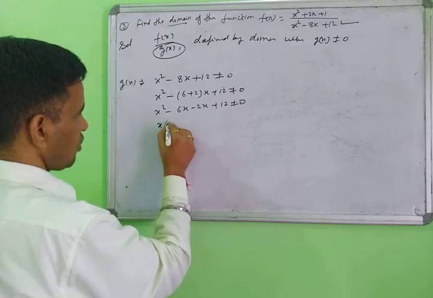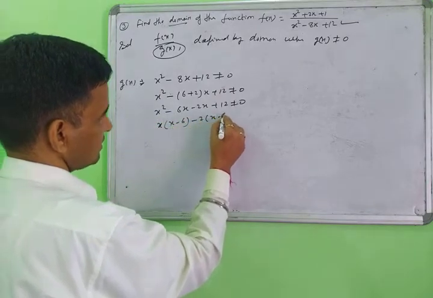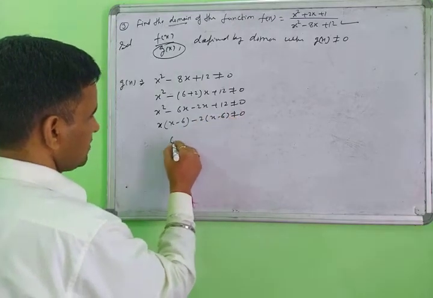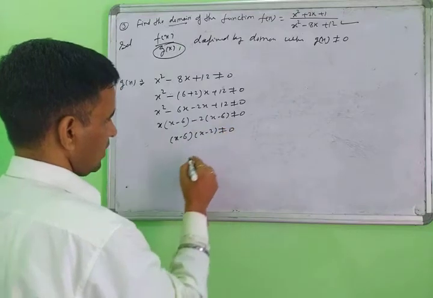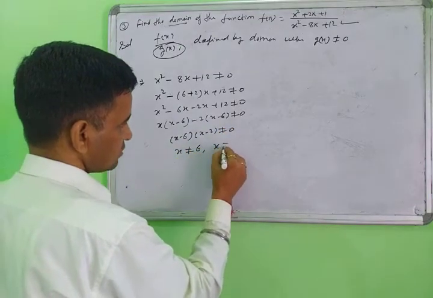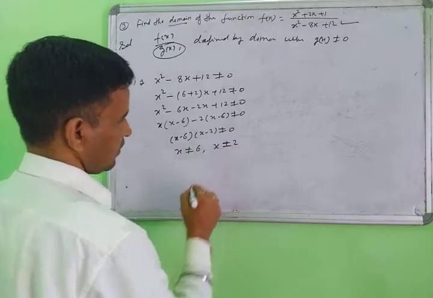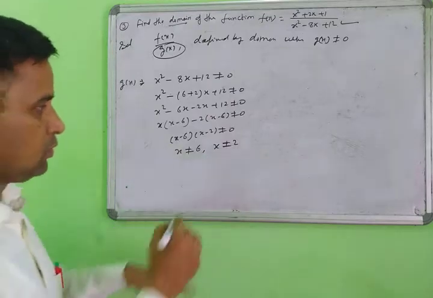Taking x common, x minus 6, and taking 2 common, x minus 6, does not equal to 0. That means x minus 6 or x minus 2 does not equal to 0. Then you can say x does not equal 6 and x does not equal 2.